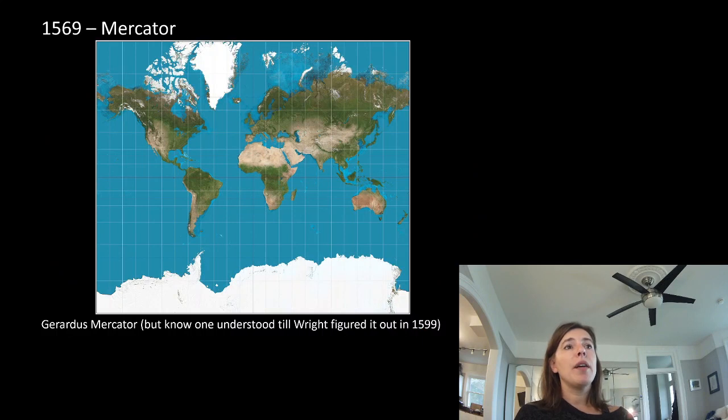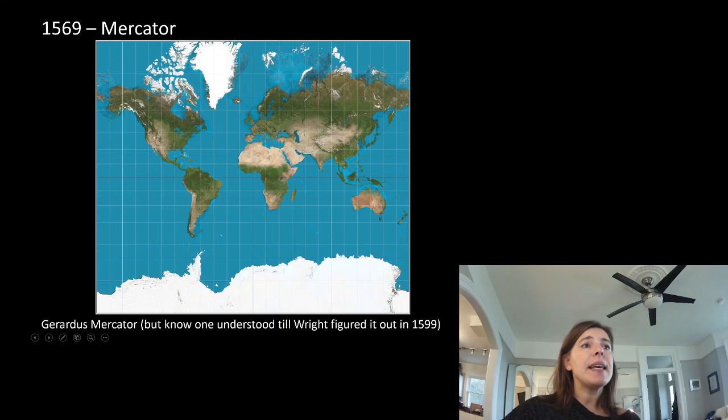A few more here. Now this is the Mercator map. This is pretty much almost exactly the one we use right now. Mercator didn't even know what he had stumbled on. He had created it, but everyone else thought he was a bit of a kook until Wright figured it out and really took off with it.